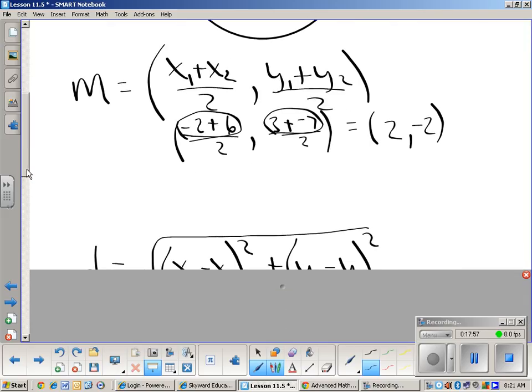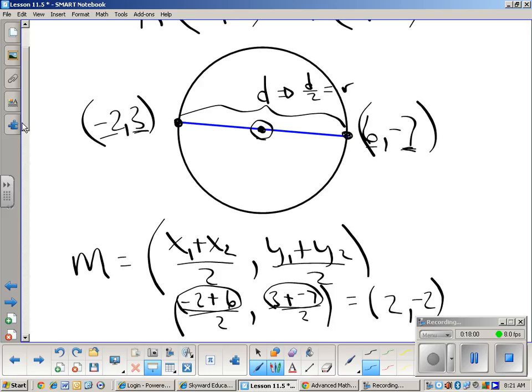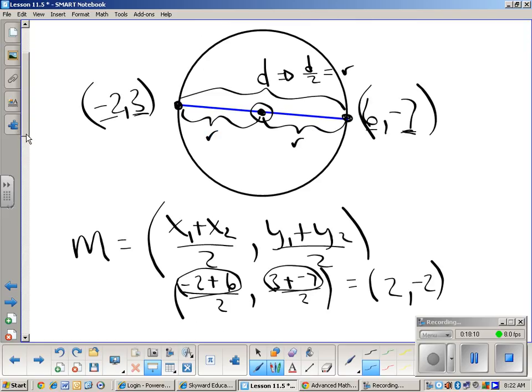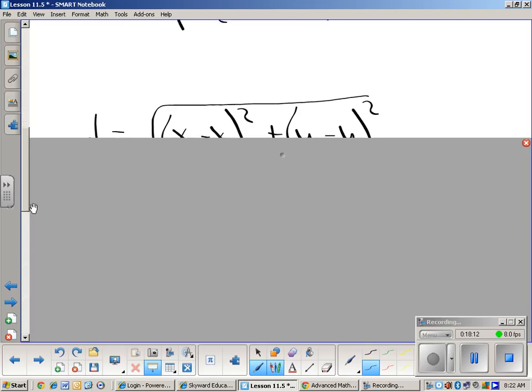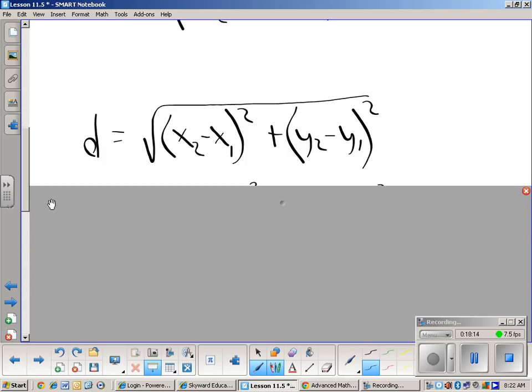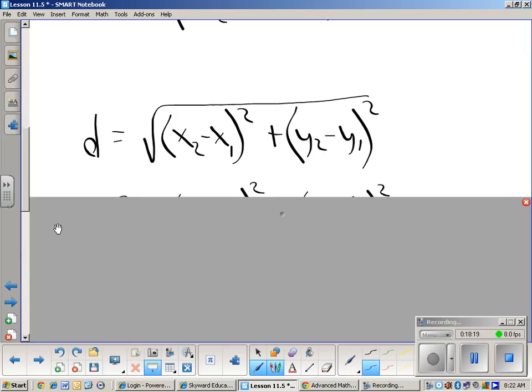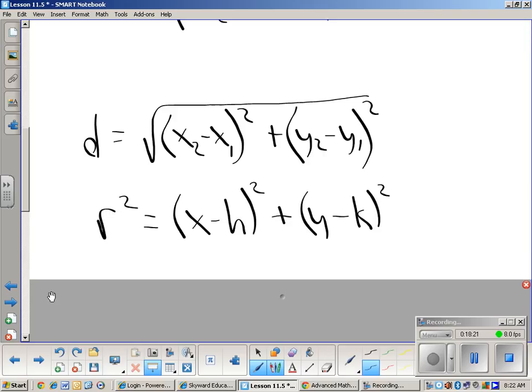The next thing we have to do is find the distance from here to here or here to there. Either one of these would be r, the radius. We have to find the distance. And there's actually 2 ways of doing that. One is I could use the distance formula, remember that? Another way is to use the formula for the equation of a circle.